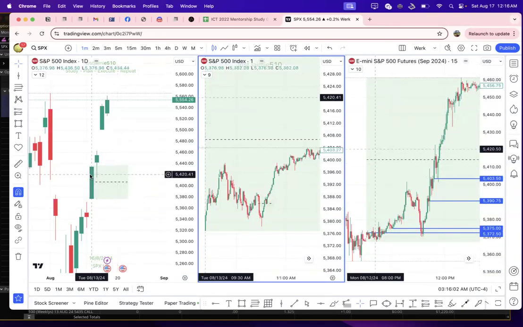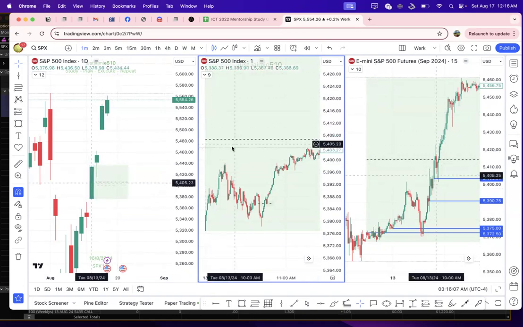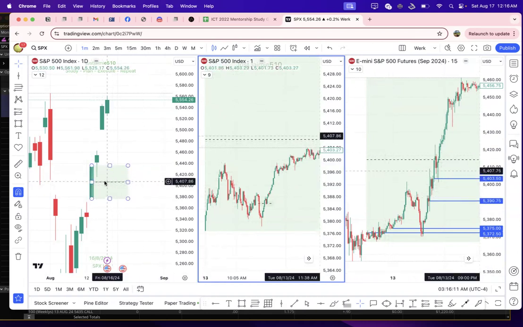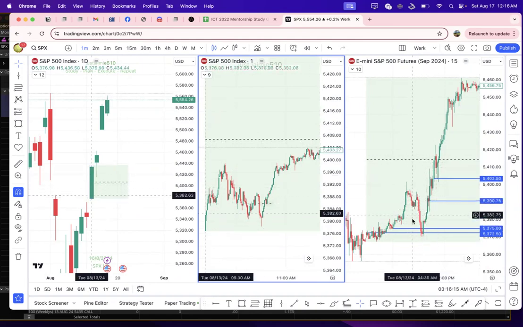left, this is the day that I'm looking at. And that's why this green box is here and here and here. When the market opened, we already see over here how price was reacting over here.